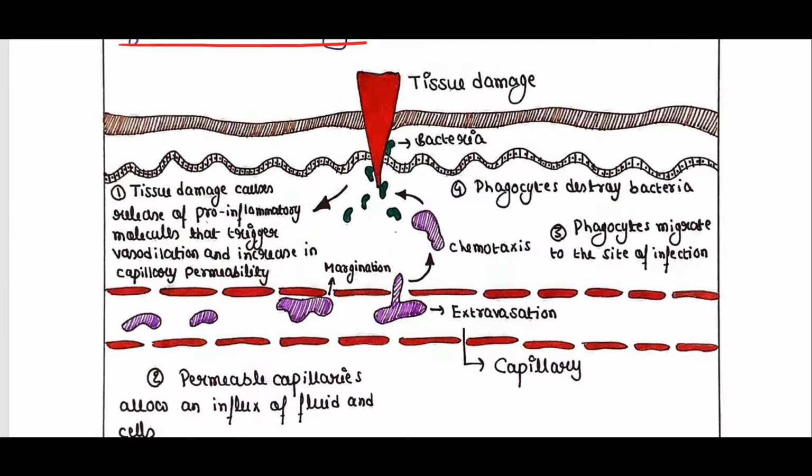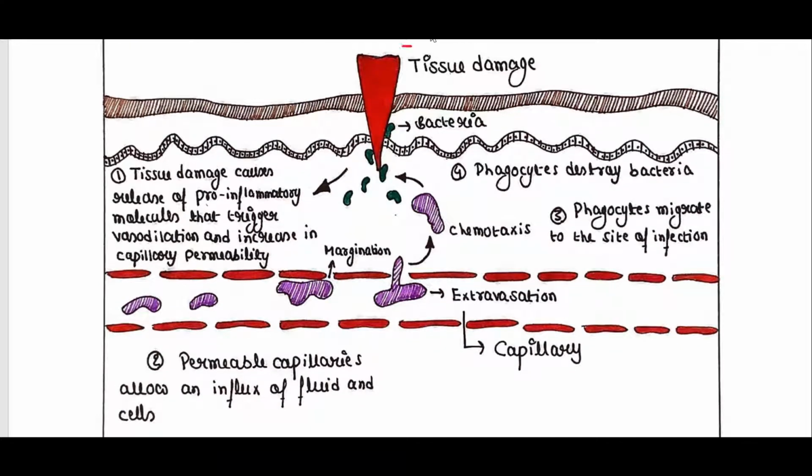Here you can see the tissue damage has occurred, and when the tissue is damaged, these bacteria can enter our body. The tissue damage causes release of pro-inflammatory molecules by resident macrophages.